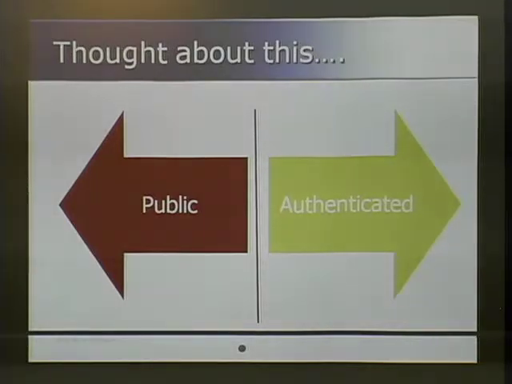Yesterday I was speaking to Adam Shostack, and he mentioned that in Microsoft they have what they call the attack surface. Well, in the public parts of your application, your attack surface is the entire internet, right? And your authenticated portions, I'm not saying they're not important. You have millions of users in there, right?